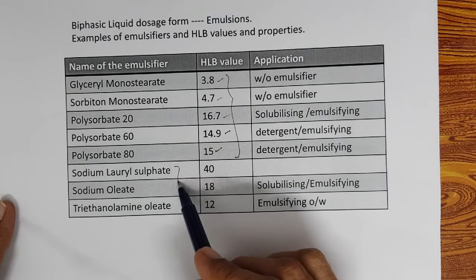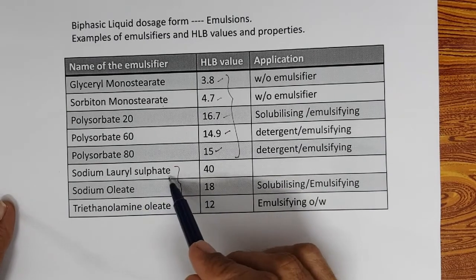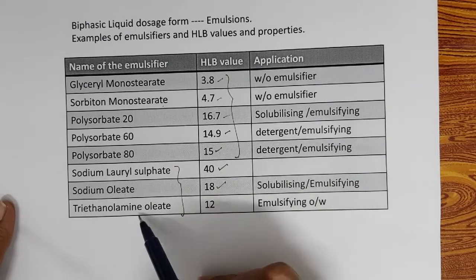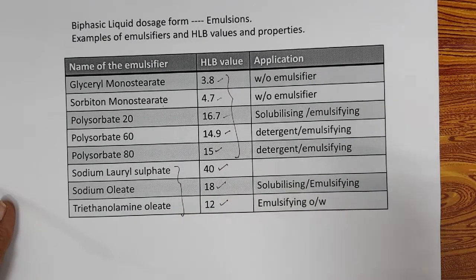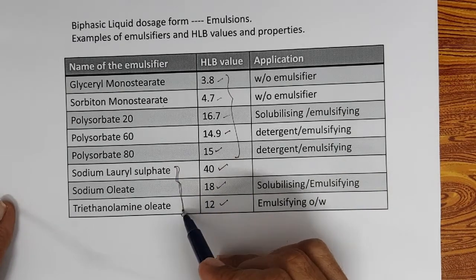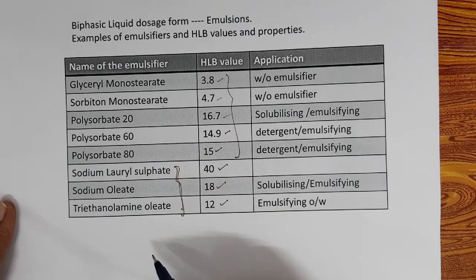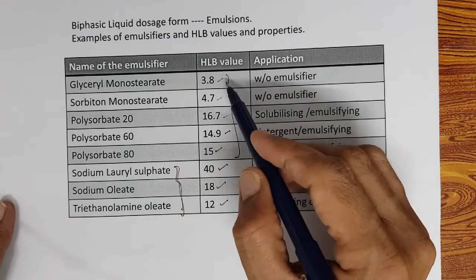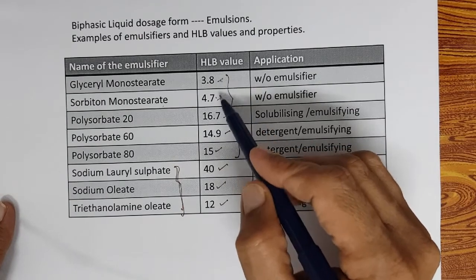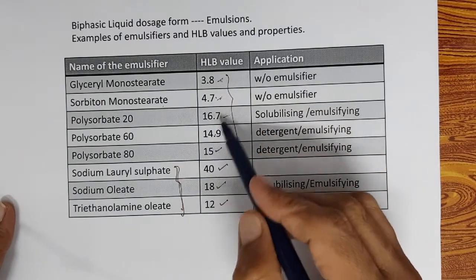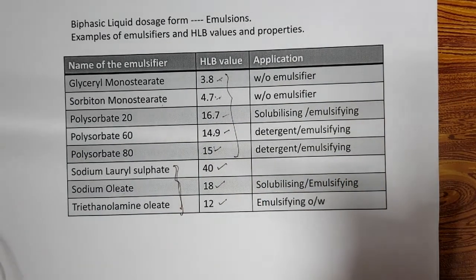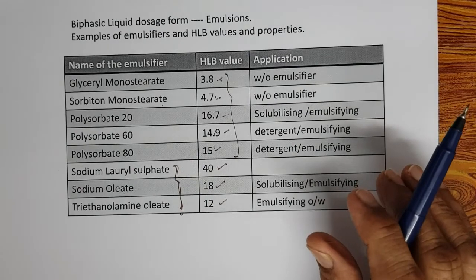These are all ionic emulsifiers: sodium lauryl sulfate HLB 40, sodium oleate, triethanolamine oleate. When Griffin framed this, he didn't frame it for all these, but it has been extended to them also. So as this is more oil soluble, here this is more water soluble, right? This is the concept of HLB.